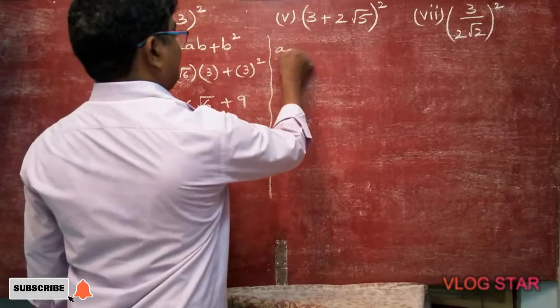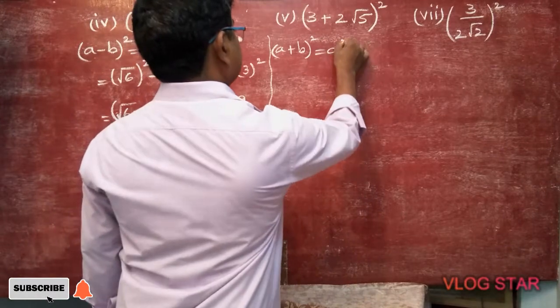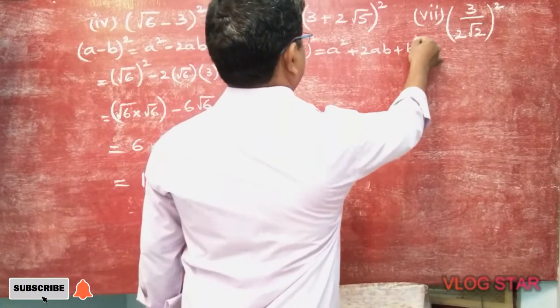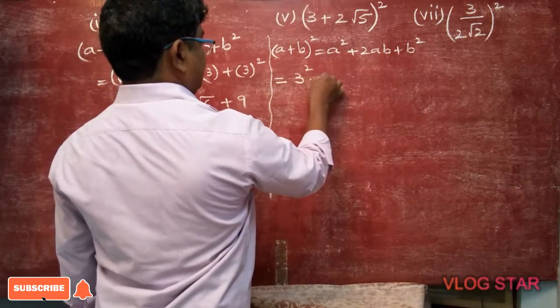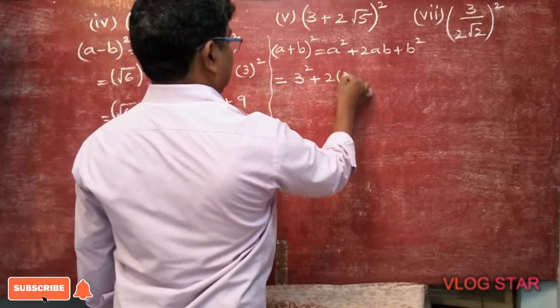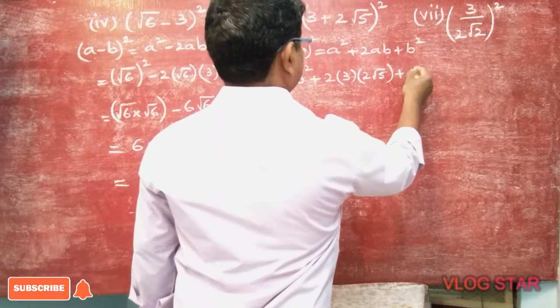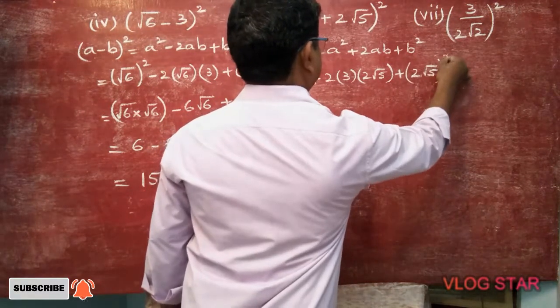It is in the form of A plus B whole square. A square plus 2AB plus B square. That is equal to 3 square plus 2 into 3 into 2 root 5 plus 2 root 5 whole square.